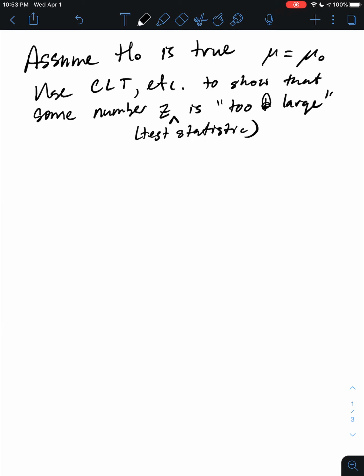All right, so this is what we hope to do. Maybe we're not going to succeed at it, but our general plan is that first we assume the null hypothesis is true. Then we're going to use the math that we know, the central limit theorem and so on, to show that the test statistic z is too large, that it's improbably large.